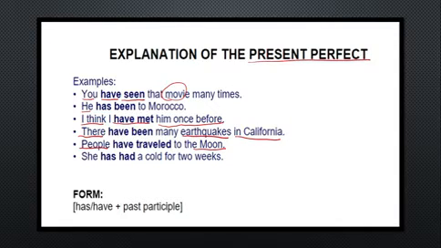And the last one says, she has had a cold for 2 weeks, about an event that happened to someone a long time ago, and it is happening at this moment as well.